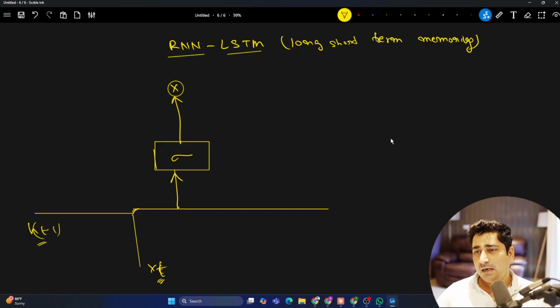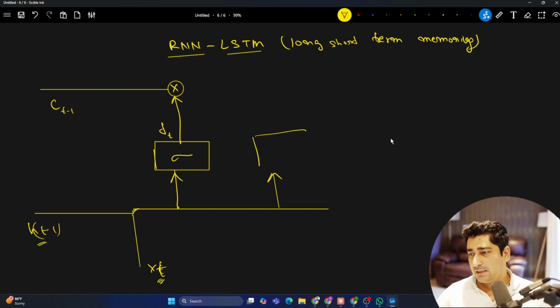Cross, and then this is the memory layer, C T minus 1. And then this has been named as a forget gate, F of T. Okay. Now there is another gate that you will be able to find, and that is basically an input gate.